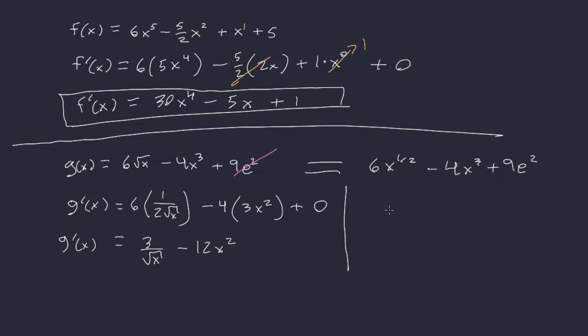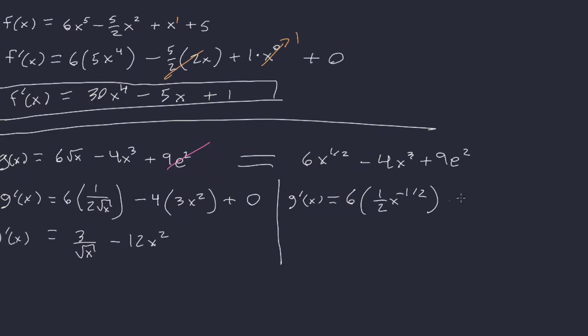Simplify, then differentiate. Because here our g prime, now we have it as x to some power, and so it would be 1/2 x to the negative 1/2. Minus, same thing here, we'll just get the 12x squared plus 0, and this will end up being 3x to the negative 1/2 minus 12x squared.